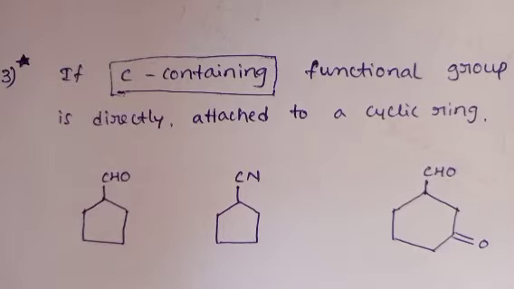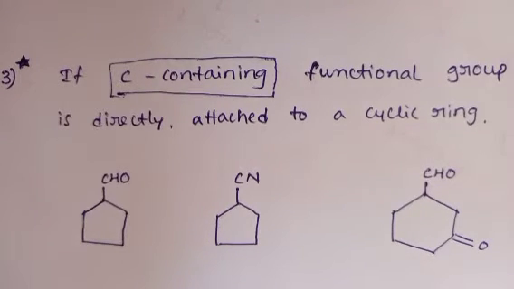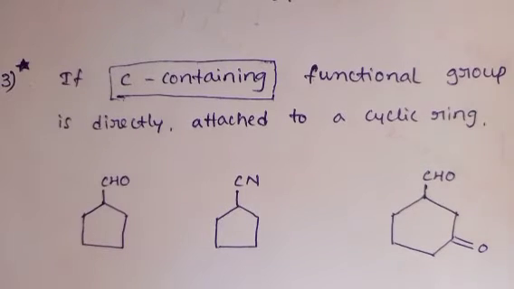I already gave you a table for this. For COOH, what is the suffix name? Carboxylic acid. For COOR, alkyl carboxylate. For COX, carbonyl halide. For CONH2, carboxamide. For CN, carbonitrile. For CHO, carbaldehyde. You have to remember this list.